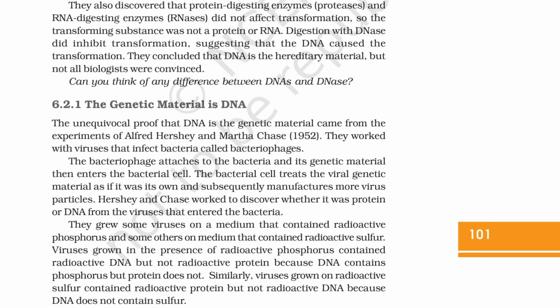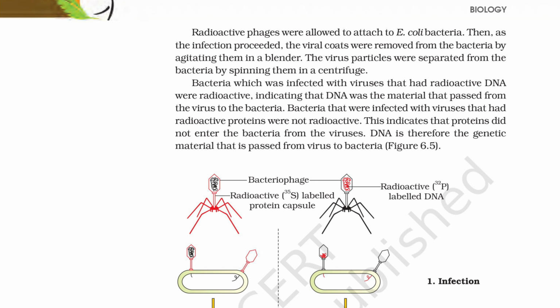Similarly, viruses grown on radioactive sulfur contained radioactive protein but not radioactive DNA because DNA does not contain sulfur. Radioactive phages were allowed to attach to E. coli bacteria. Then, as the infection proceeded, the viral coats were removed from the bacteria by agitating them in a blender. The virus particles were separated from the bacteria by spinning them in a centrifuge.